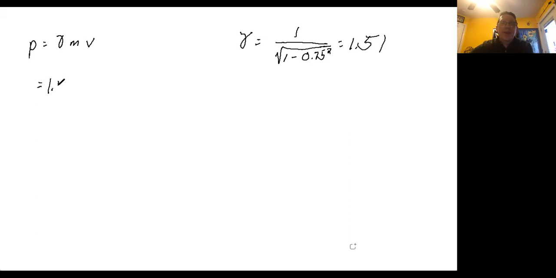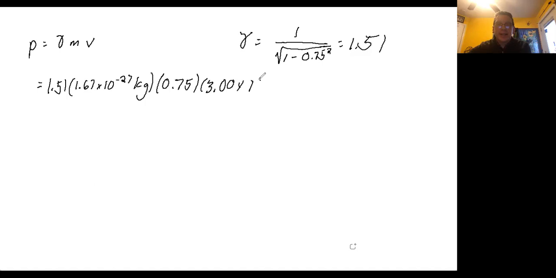So you have 1.51 times the mass of the proton, 1.67 times 10 to the negative 27 kilograms. And the velocity is 0.75 times 3.00 times 10 to the 8 meters per second.